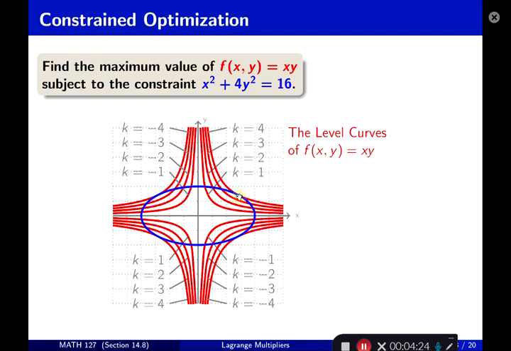And I see that the blue curve and the red curve have to be tangent to each other for the function to have the maximum value on the blue curve.